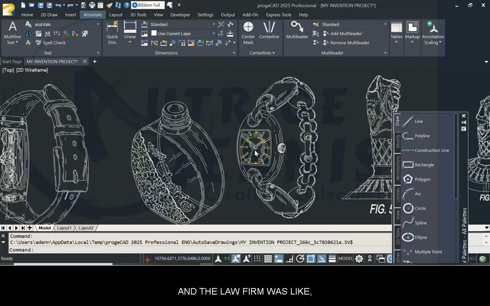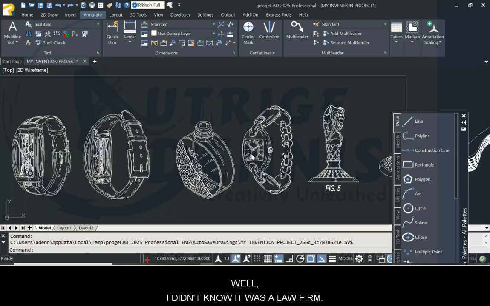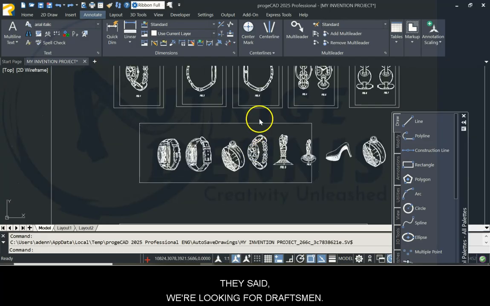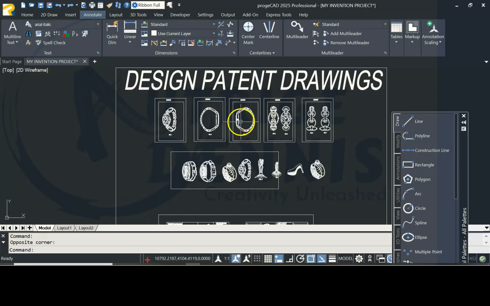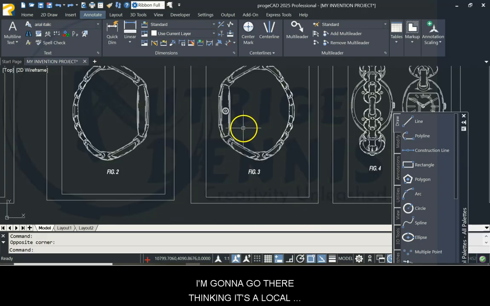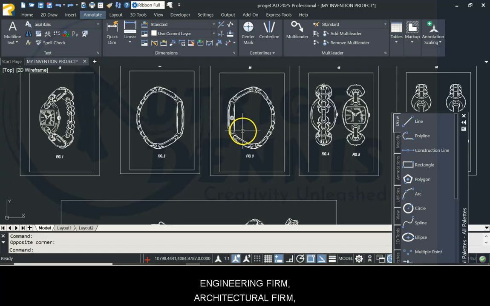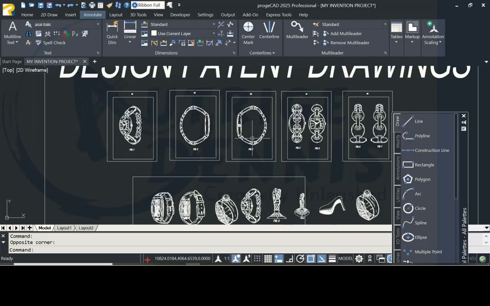I didn't know it was a law firm. They said, we're looking for draftsmen. And I'm like, I'm a drafter. I went there thinking it's like an engineering firm, an architectural firm. A bunch of lawyers. I couldn't believe my eyes.